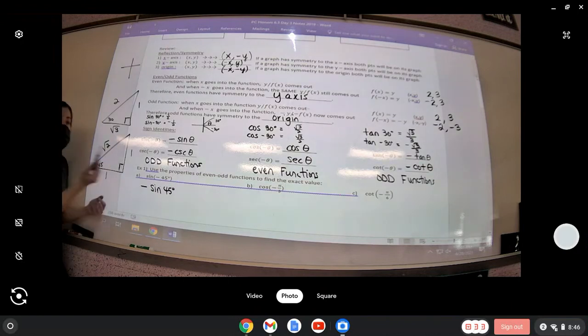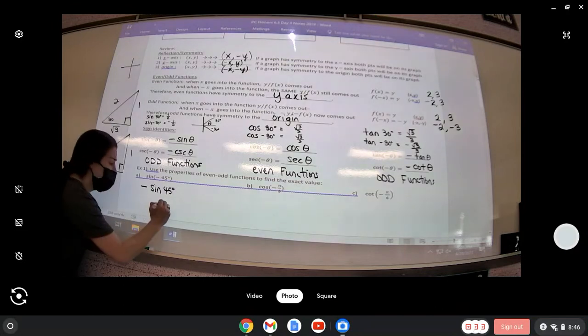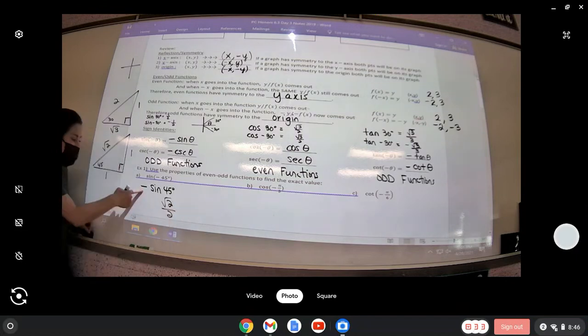Okay, so now the sine of a 45 was 1 over root 2, which is root 2 over 2 when you clean it up, and then this says it'll be negative.